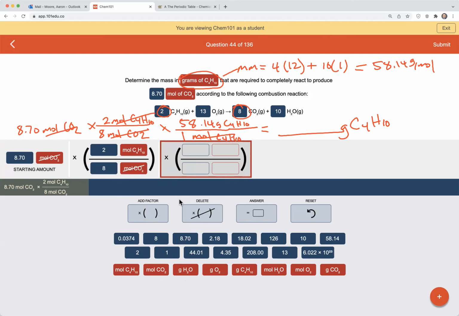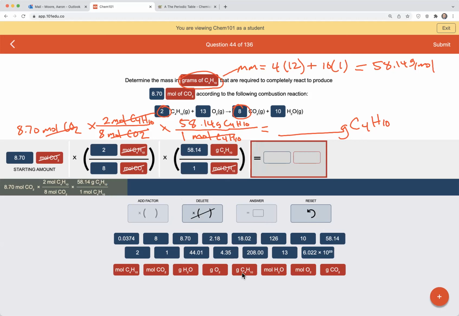All right, so now I just need to convert from moles of butane into grams of butane. So by the definition, 1 mole of butane has a mass of 58.14 grams of butane. So now I have the units that I need, grams of butane. So I'm ready for my answer. So the answer will be in units of grams of butane.